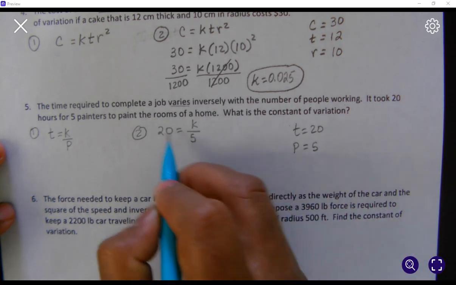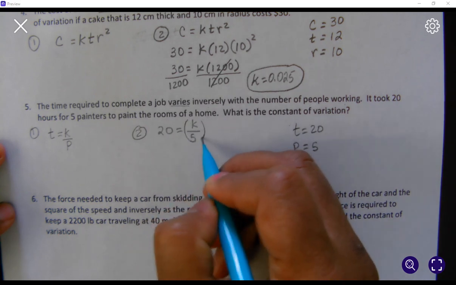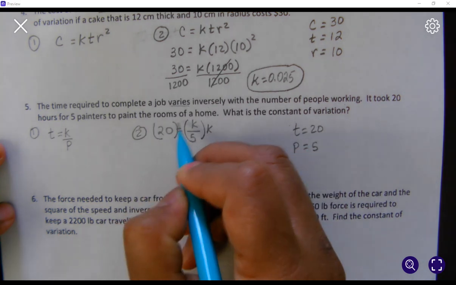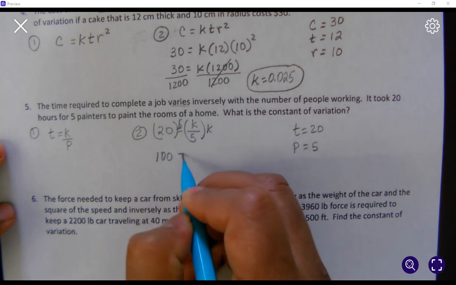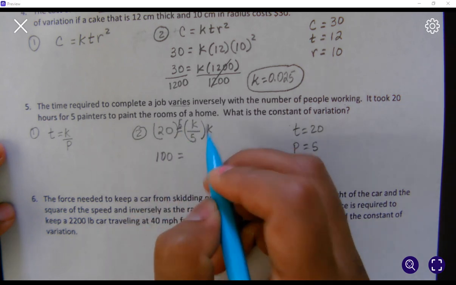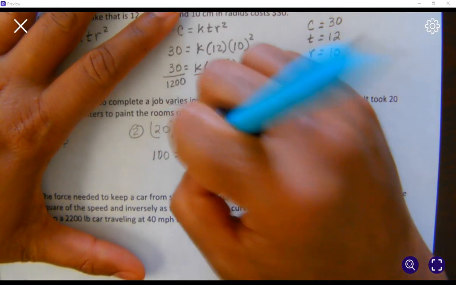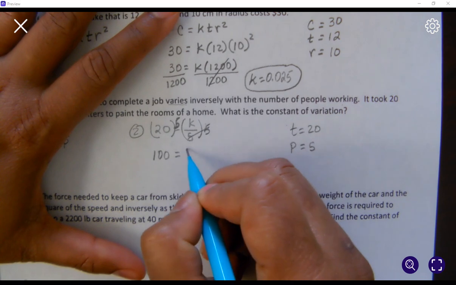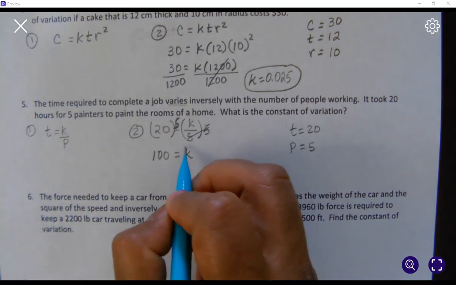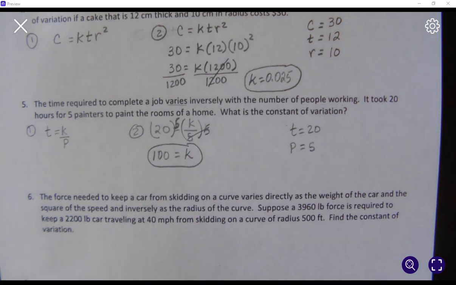And then to get 5 out of the denominator, I'm going to multiply both sides by 5. So 20 times 5 is 100 equals, what am I doing? Sorry, should write a 5 there, my bad. Equals K. So 100, my constant is 100.